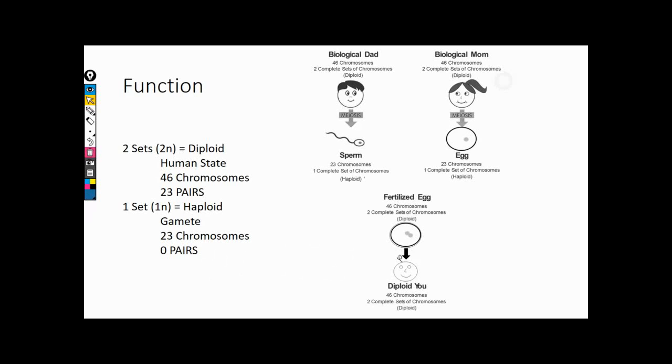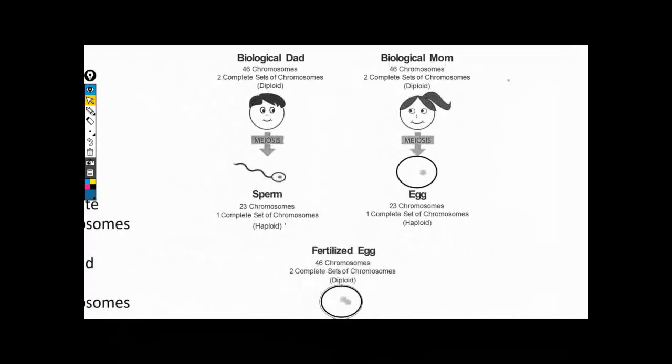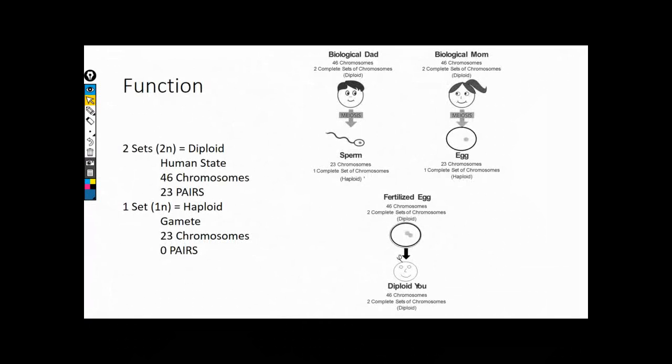So here's mom. She's diploid. She has her two copies, two sets. She got one set from her mom, grandma in this instance, and one set from her dad.